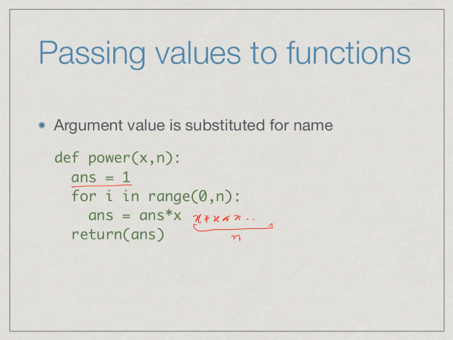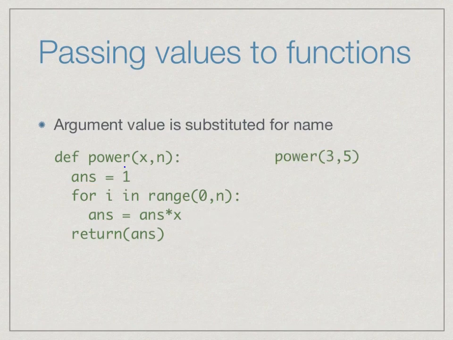Now, the way we would use this function in our code is to write an expression of the form, say, power(3, 5). Obviously, what this means is that 3 should be used for x and 5 should be used for n. And we would then run this code with the values x equal to 3 and n equal to 5.